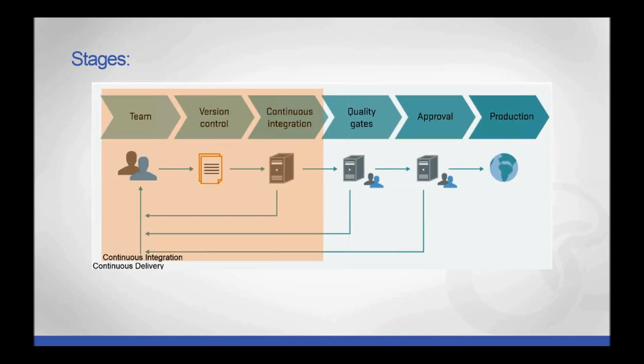They can use any branch from it to restore a previous version of that project, and so on and so forth. Okay, so this is the first stage of the whole pipeline.